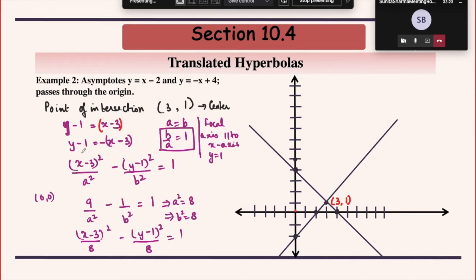So I'll get y minus 1 is equal to minus x plus 3, which I can write like this. So you can compare these with the standard equation of the asymptotes, and this will give you that b by a is equal to 1. So first one is of the type y minus k is equal to b by a into x minus h. Second one is y minus k is equal to minus of b by a into x minus h. So that means your b by a comes out to be 1, and that means a is equal to b.